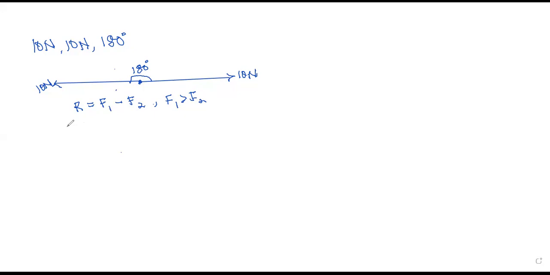So once we have F1 being equal to F2, Imelda, what will be the resultant? 0. So 0.00 Newton. So the first option, 1.